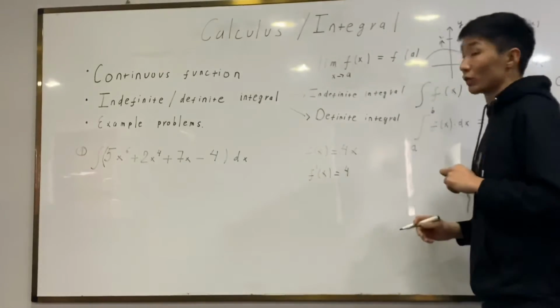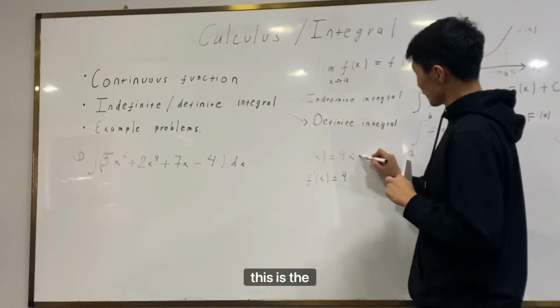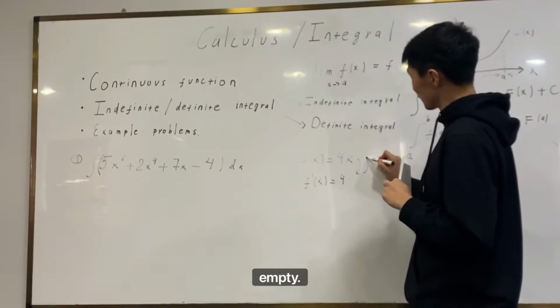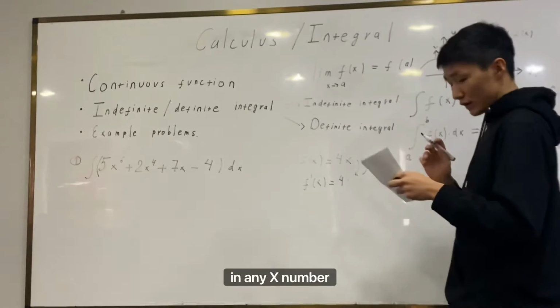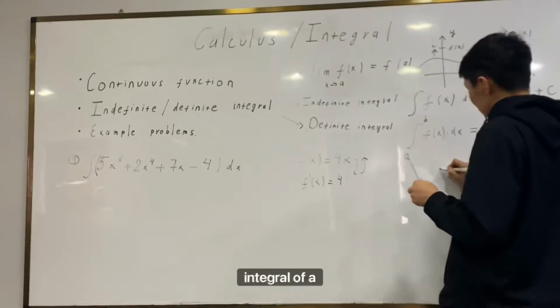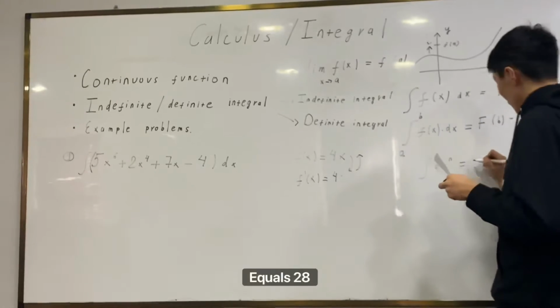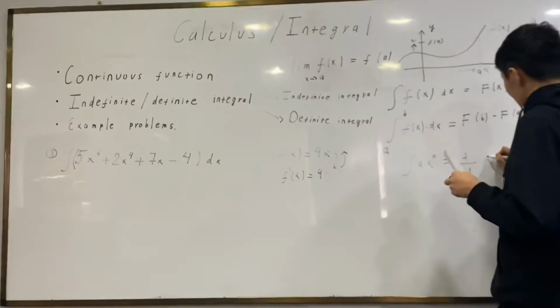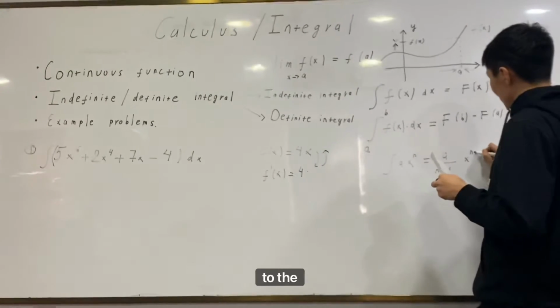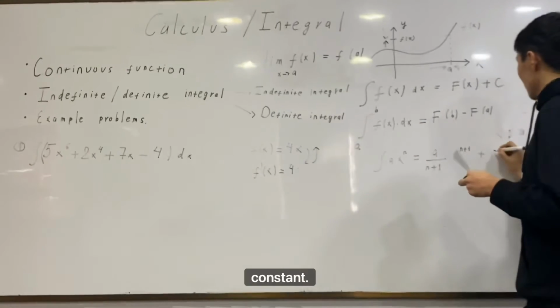So what I mean by antiderivative is this: this is the derivative, so this will be the antiderivative. For any x to the n, the integral of a x^n equals a divided by n plus 1, times x to the n plus 1 power, and then we don't forget the constant.